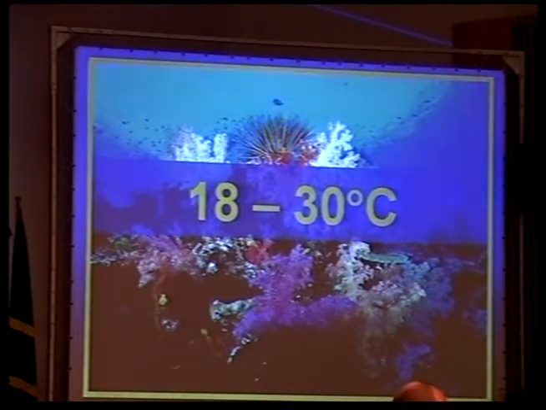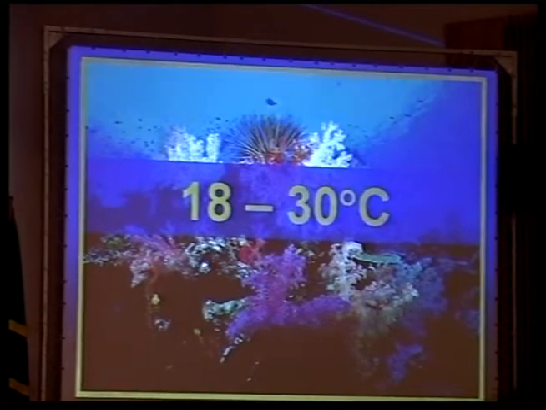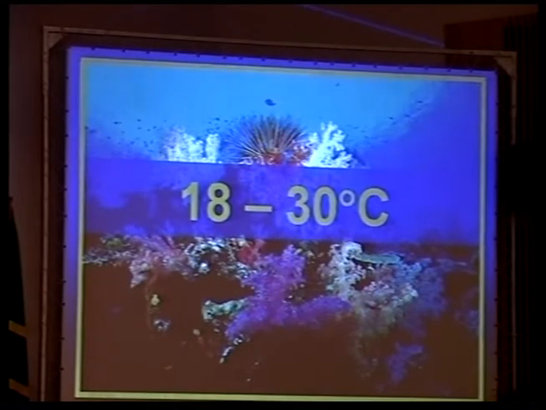If you look at the coral reefs around the globe, you will find them in average temperatures between 18 and 30 degrees. But really the range is much narrower for most corals because they're adapted to the place where you will find them. So corals in South Africa, for instance, will be more sensitive to 30 degrees than corals in Kenya.